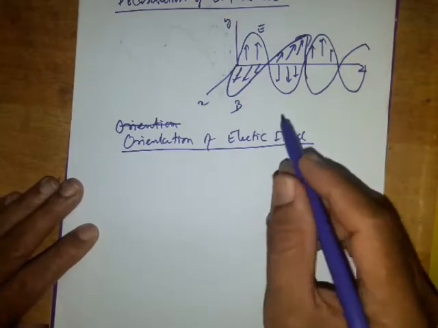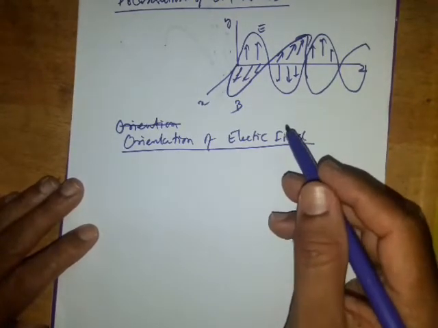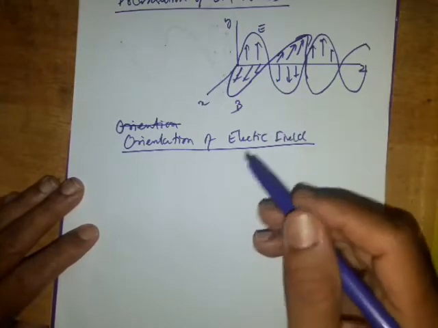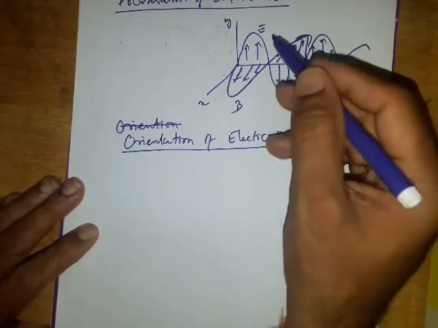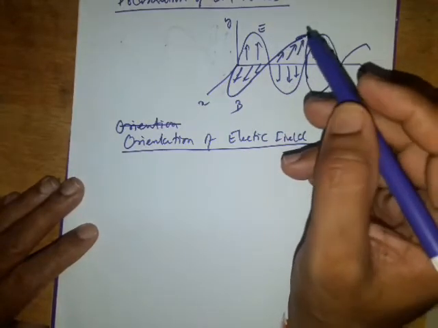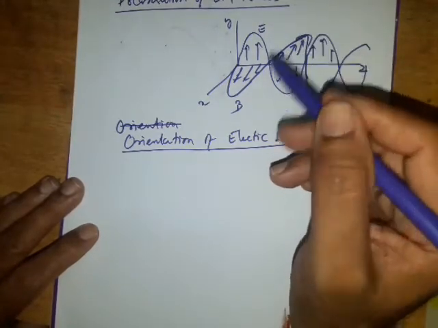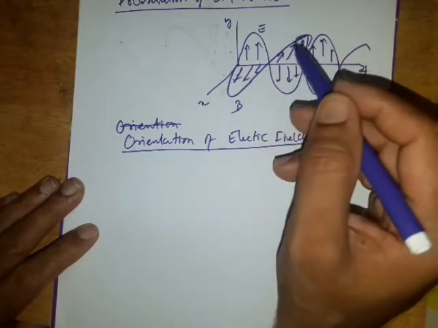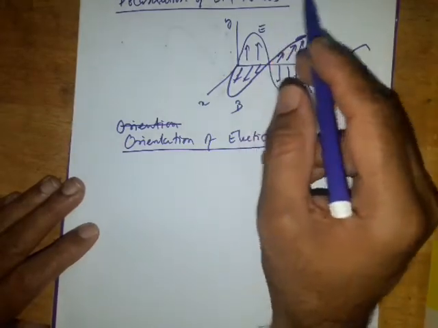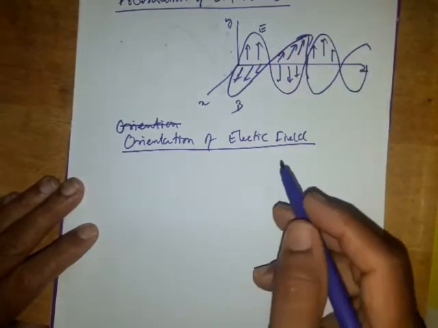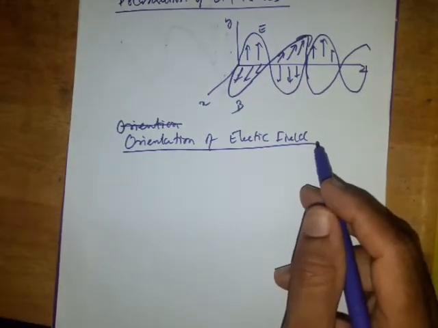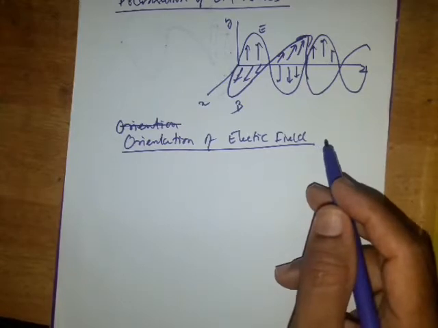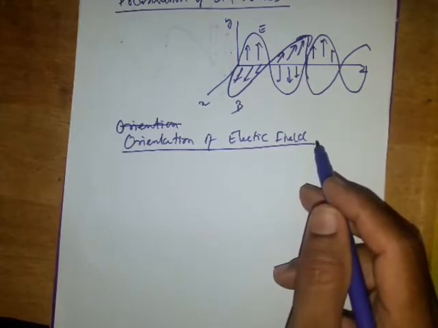Generally, the magnetic field is not considered while discussing the polarization of the electromagnetic wave, because the electric field vector is the prominent component of the electromagnetic wave. So here, the orientation of the electric field decides which type of polarization it is.